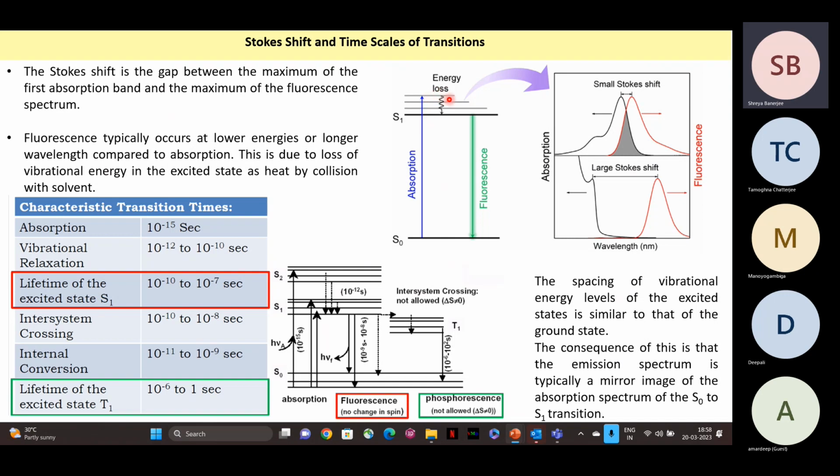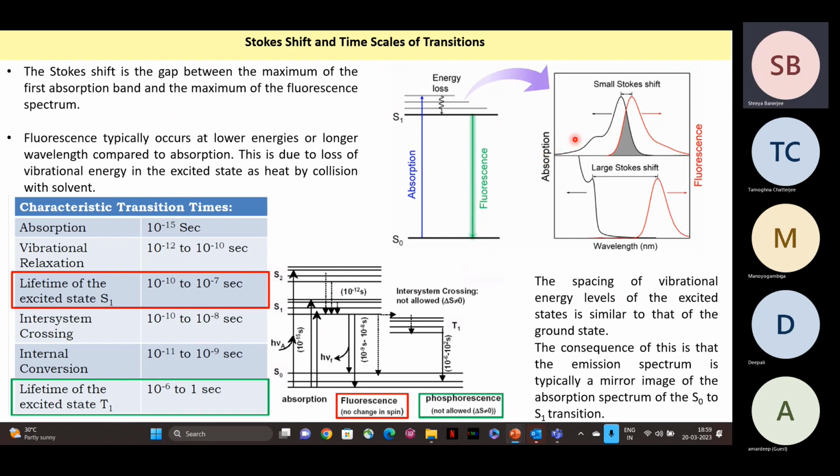Then there can be a certain energy loss by vibrational relaxation, where it will come down to the lowest vibrational level of the S1 state. After that, there will be fluorescence back to the S0 state. Because there is a certain loss in energy due to this vibrational energy loss by collision with the solvent, the energy that is emitted in fluorescence is lower than the energy that was absorbed during absorption.